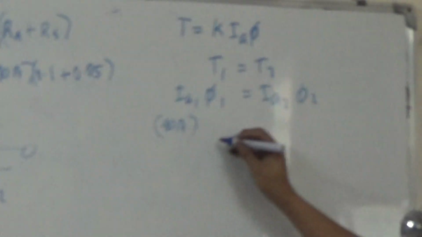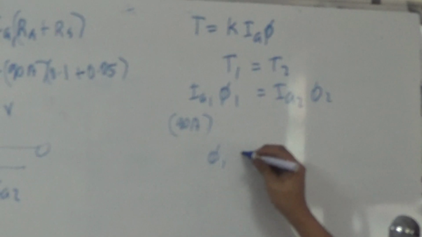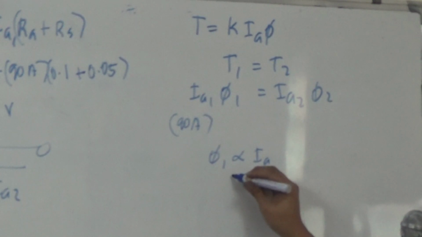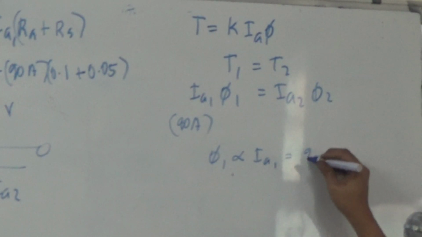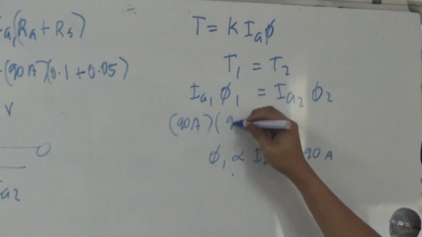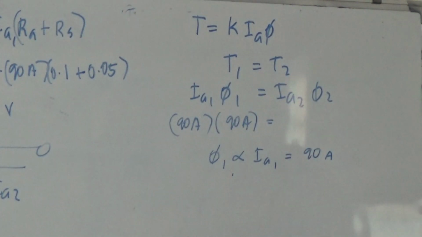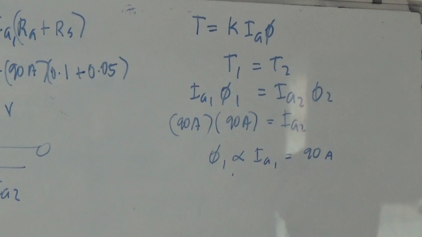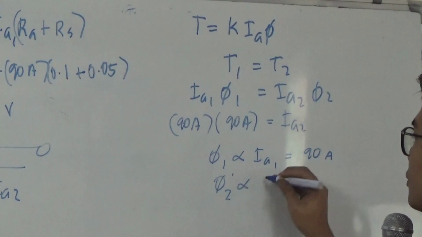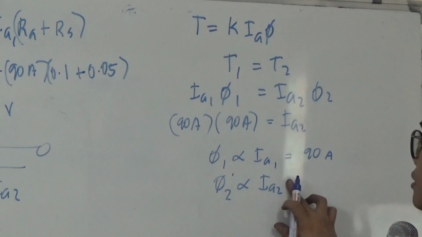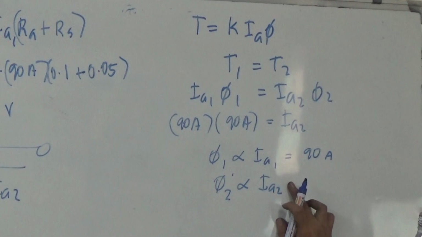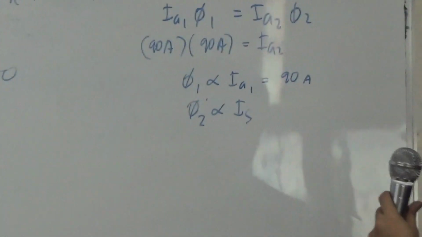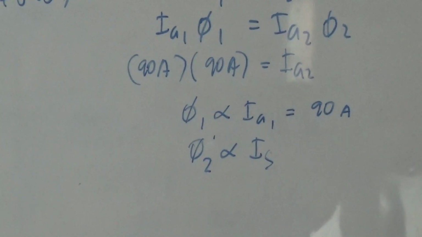Flux 1 is directly proportional to IA. We can say equal din sa 90 amps. So, substitute ko dito sa 90 amps. IA2, ito yung nahanap natin na bagong kuryente. Then, flux 2 is directly proportional to the field current. So, IS. Kunin natin si IS.